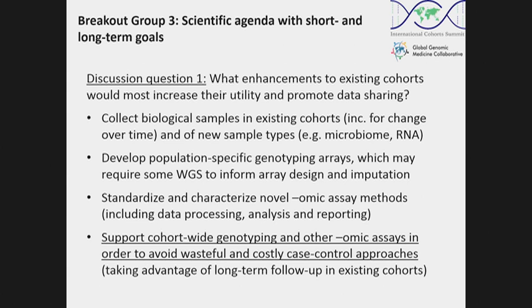And again, going back to that point about the value of having cohorts in a range of different populations in order to be able to look at all sorts of exposures that may well differ in those populations, including genetic exposures, developing those specific genotyping arrays would be likely to require new array design, and that would be facilitated by some whole genome sequencing, perhaps, in certain of those populations, not only to inform the array design, but also to inform the imputation from the array design.